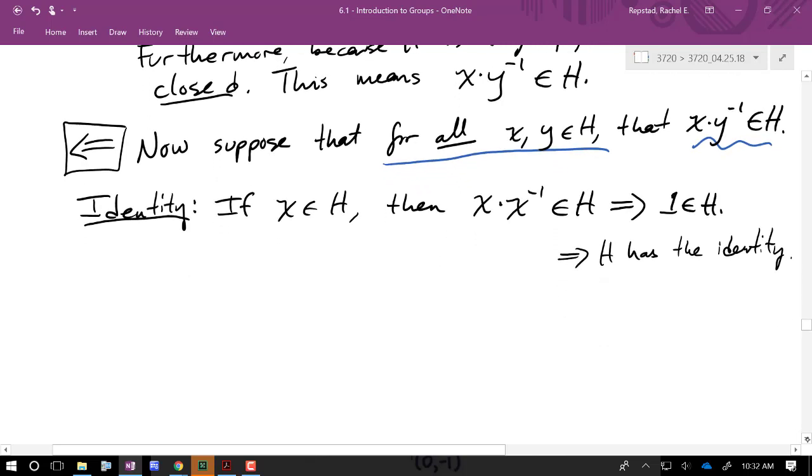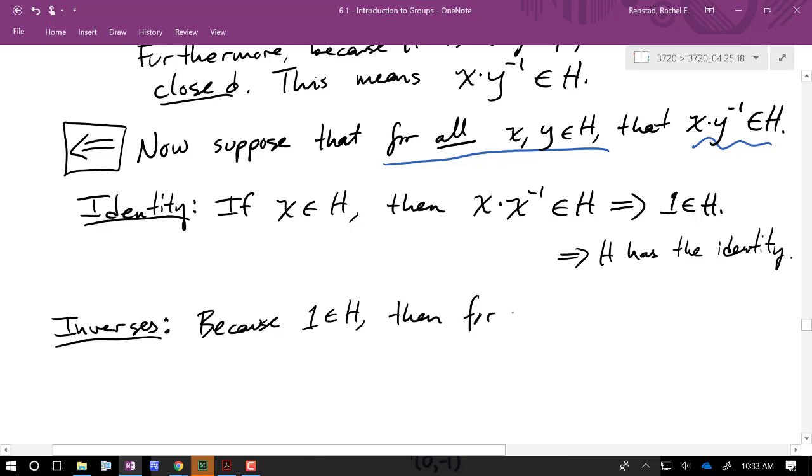Now that we've established that it has the identity, let's look for inverses. Because 1 is in our subset, then for some element I might pick, let's say I call it y this time. Then for some element y in H, now I'm going to use that same product.